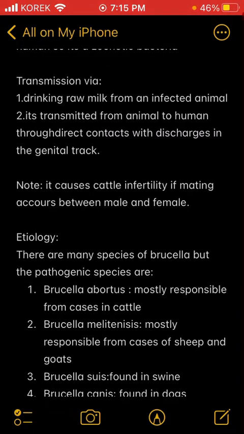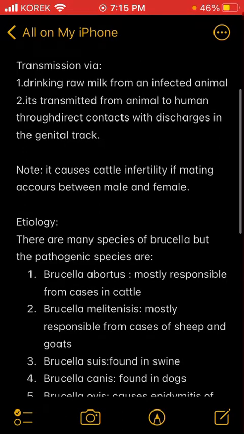We have a note here. It causes cattle infertility if mating, or sexual intercourse, occurs between a male and a female and one of them is infected.